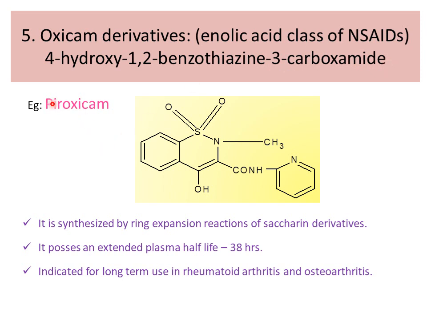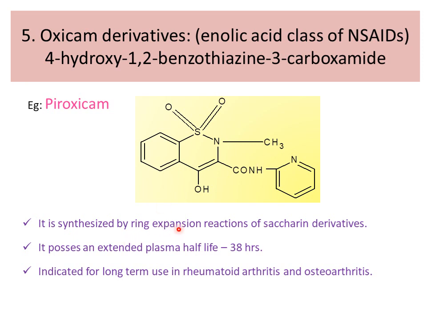The example of an oxicam derivative is piroxicam. This is the structure. The basic structure consists of a pyridine. At the carboxamide group, one of the hydrogens is replaced with pyridine. At the second position it possesses a methyl, and the remaining structure is common for all oxicam derivatives.